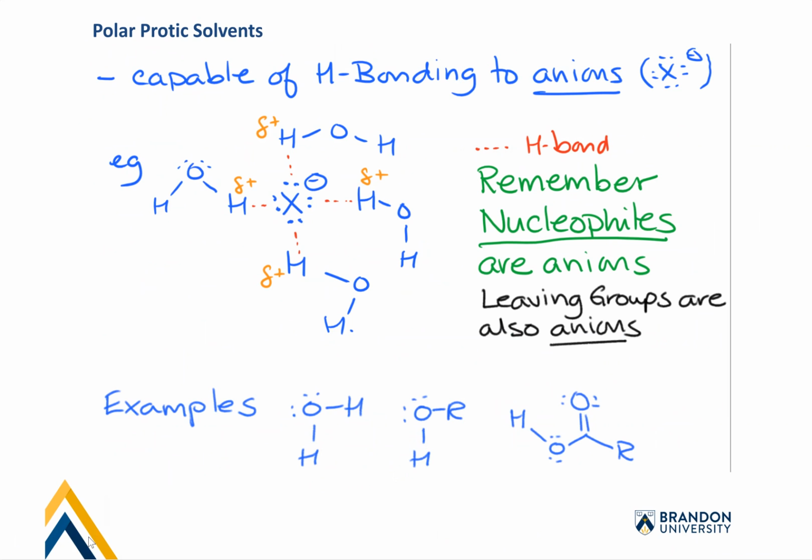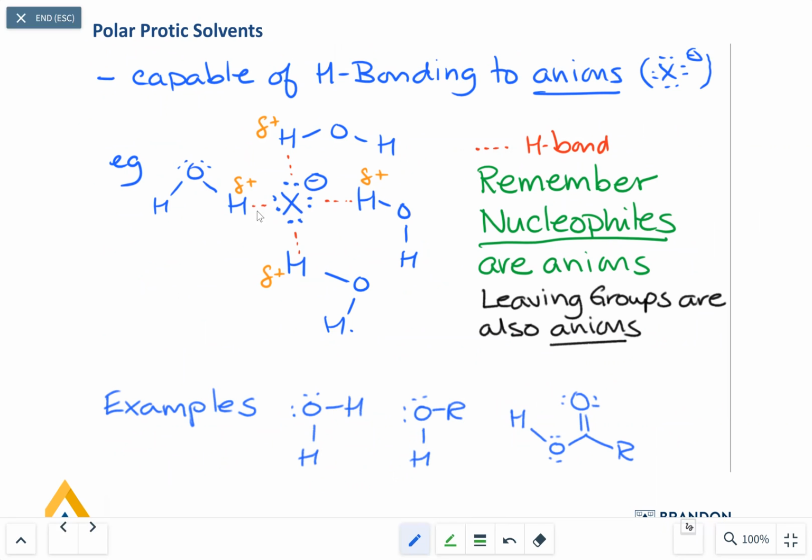So polar protic solvents, as I was trying to draw in the previous slide, are capable of hydrogen bonding anions. These little dots are meant to show that this is hydrogen bonding to it.